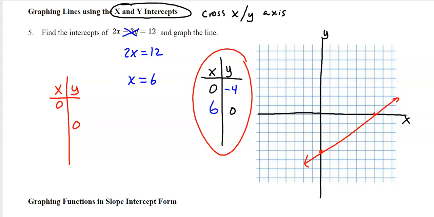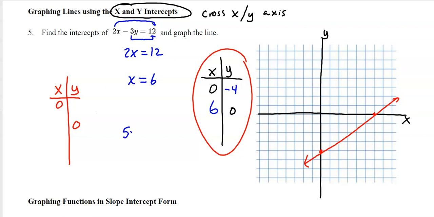It works really well when both of your coefficients go evenly into the number on the other side. So notice 2 went into 12 evenly, 3 went into 12 evenly. When that happens, you get nice clean points.